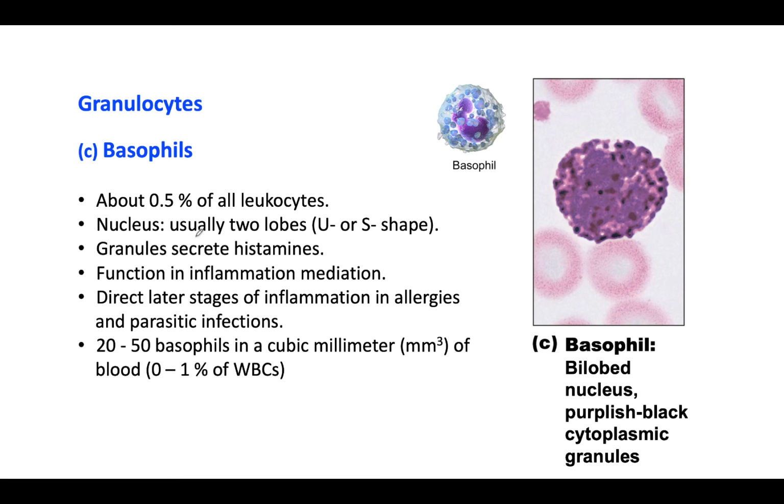Basophils are very rare among formed elements, and it is hard to find them in a blood sample under a light microscope. Usually granules hide the nucleus shape, and the number of basophils is not many in white blood cells, about 20 to 50 basophils in a cubic millimeter of blood.